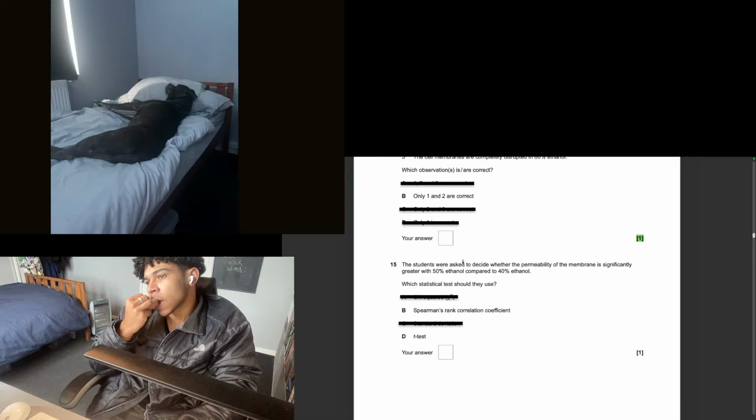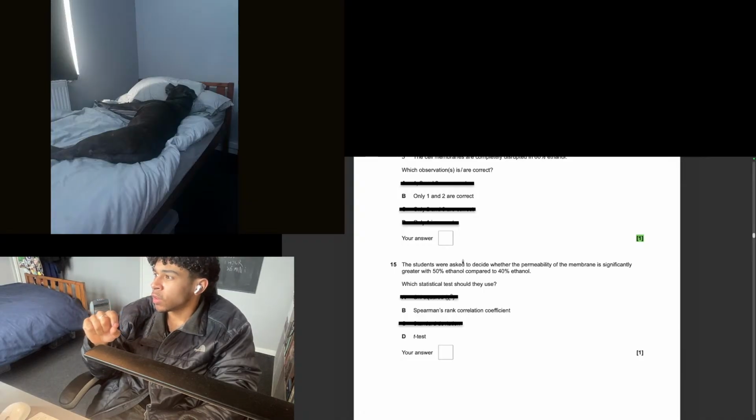Standard deviation? No. T-test is used for means. If it's significant.